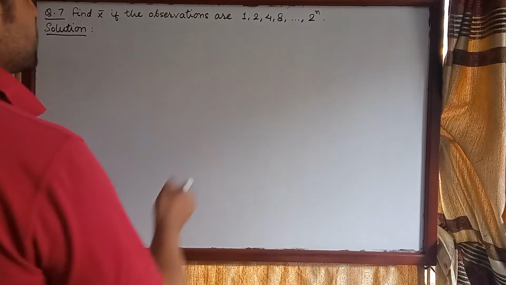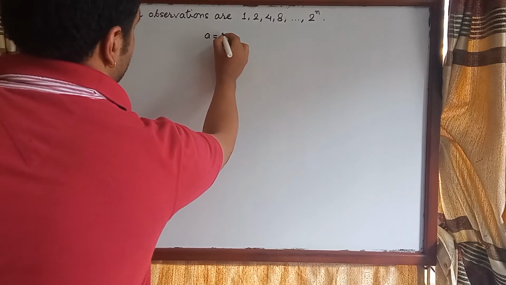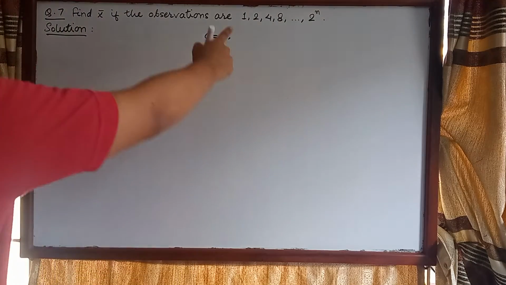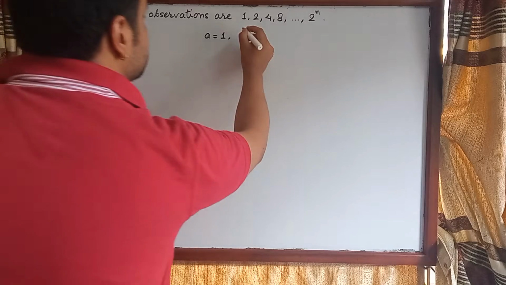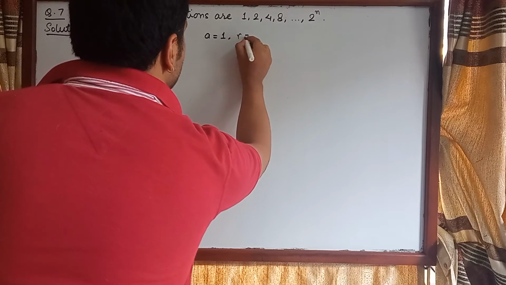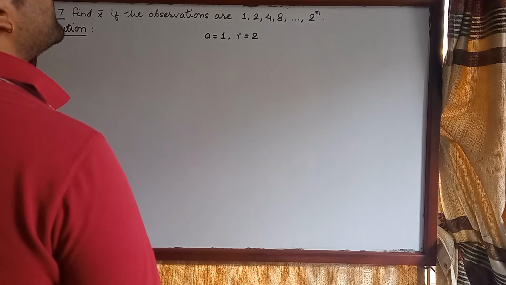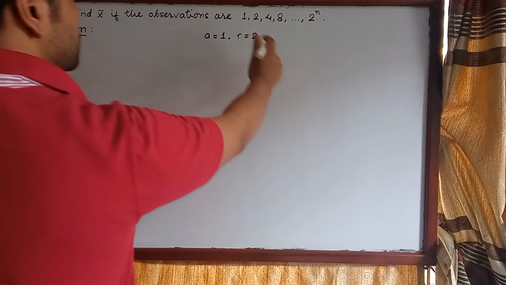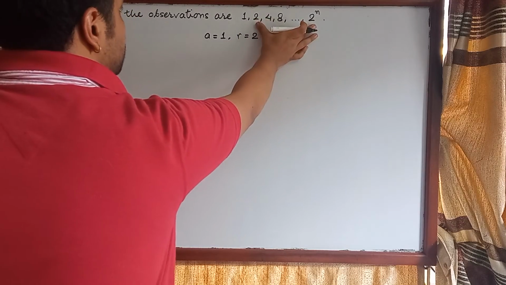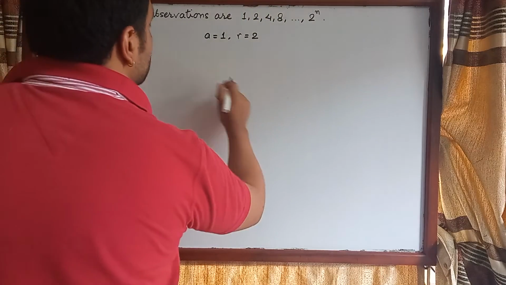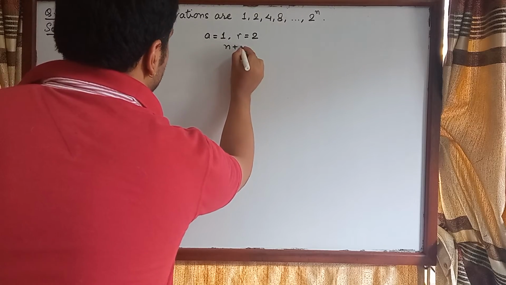Find a geometric sequence whose first term is 1, the common ratio is 2, and there are n terms here together with 1, so the total number of terms is n plus 1.